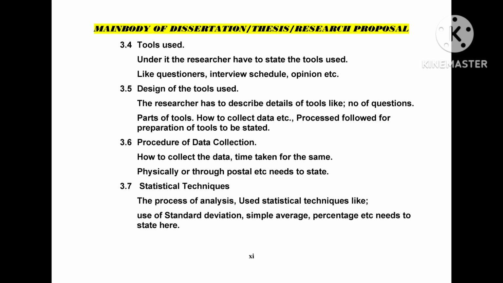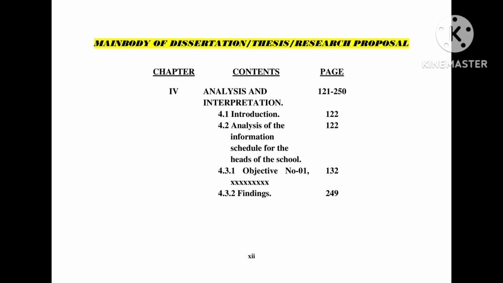Under 3.7, statistical techniques, the process of analysis or the techniques used, like simple average, standard deviation, percentage or any other ways. Then comes chapter IV, analysis and interpretation.